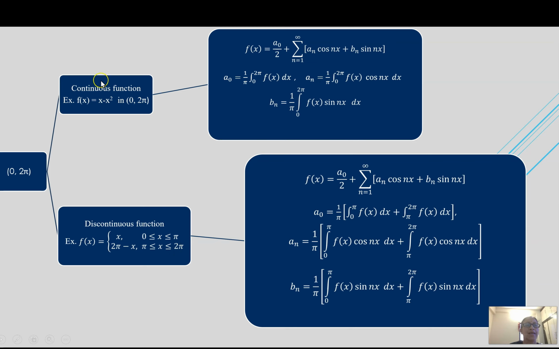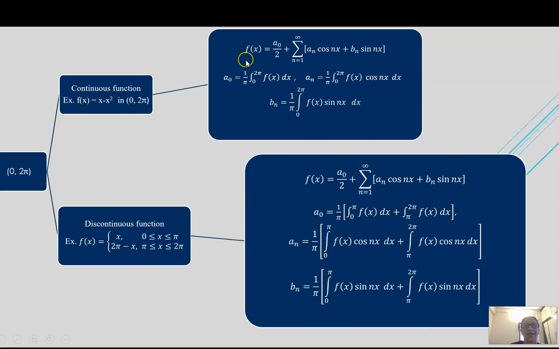To express any continuous function in the form of a Fourier series, we use these formulae. This is the formula of the Fourier series: f(x) equal to a0 by 2 plus summation n equal to 1 to infinity an cos nx plus bn sin nx. Now we have to find the values of a0, an and bn using Euler's formulae.